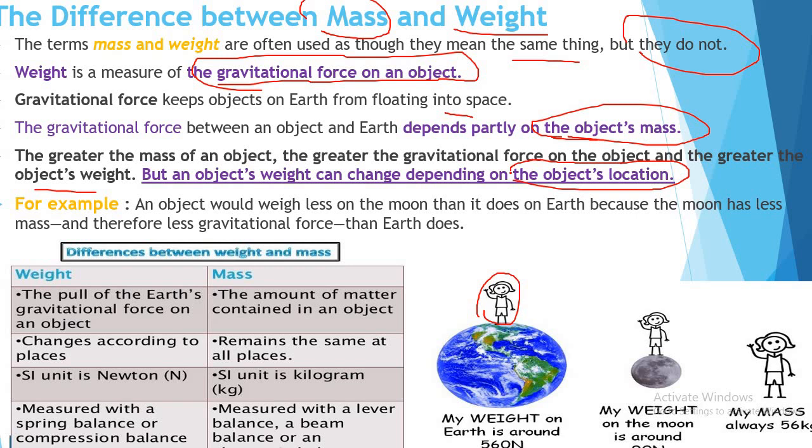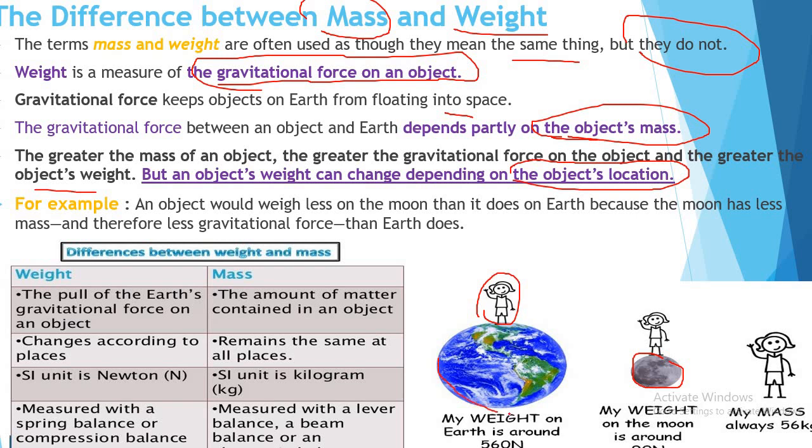For example, an object would weigh less on the moon than it does on the Earth.